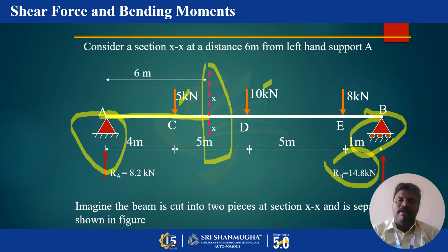Using these equations, I can calculate the reactions at the two supports, A and B. After calculation, RA is equal to 8.2 kilonewton and RB is equal to 14.8 kilonewton. The total vertical load acting on the beam is about 23 kilonewton.